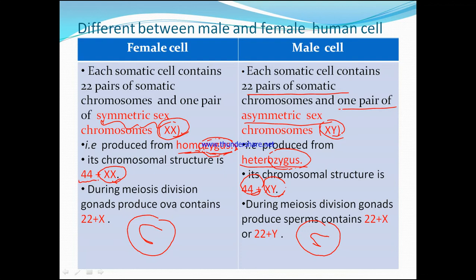For the gametes of the female, the ovary by meiosis division gives ova with one probability, 22 plus X. Whereas in the male, the gonads, which are the testes, produce two probabilities, two types of sperm: number one is 22 plus X, and number two is 22 plus Y.